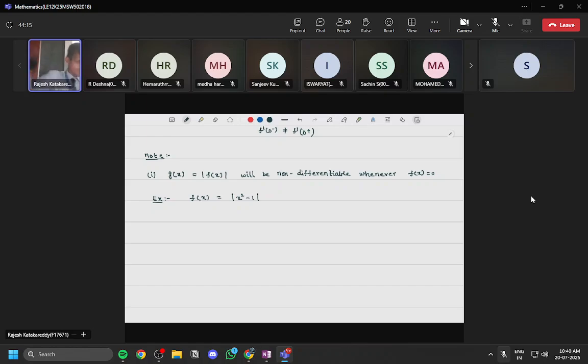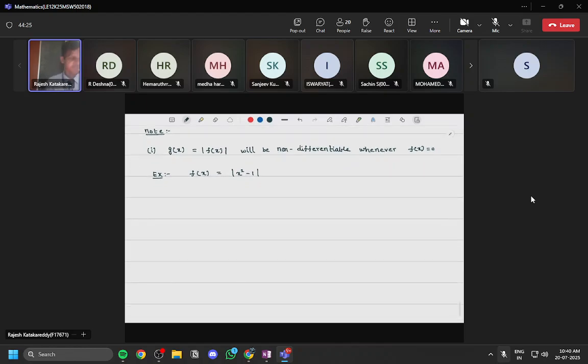When there is a modulus, we take the part which is lying below and flip it above by 180 degrees, then you will get modulus of x square minus 1. This is how it looks.